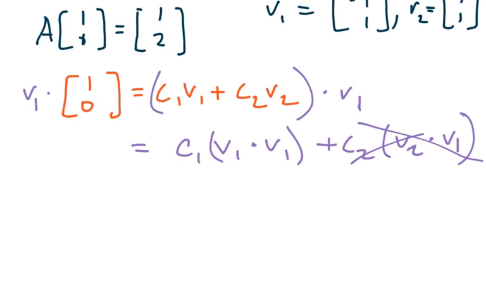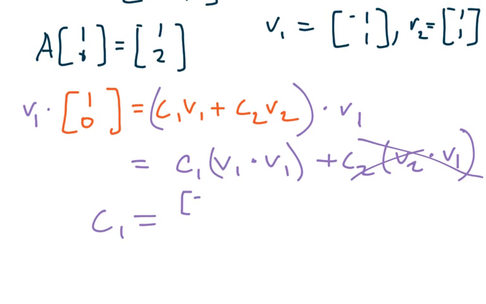And so I'm left with V1 dot (1, 0) divided by V1 dot V1 should be C1. All right, so C1 should be V1 dot (1, 0), and V1 is (-1, 1) dot (1, 0), over V1 dot V1, which is going to be 2.